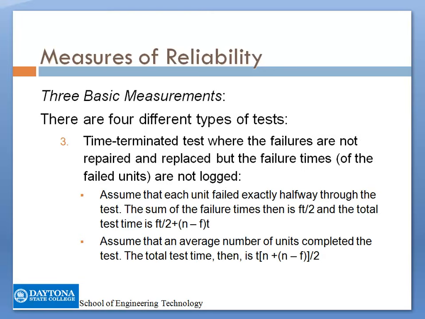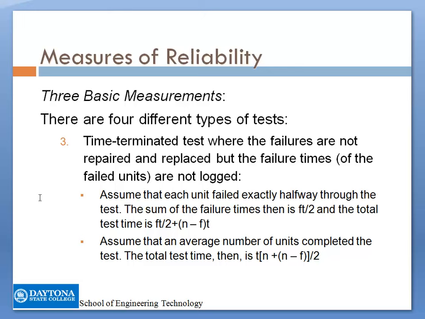The third type is the time terminated test, where the failures are not repaired and replaced, but the failure times are not logged either. So there are 2 ways to do this one. You either assume that all units failed exactly halfway through the test, and this is a formula, or you assume that an average number of units completed the test, so you use this formula.